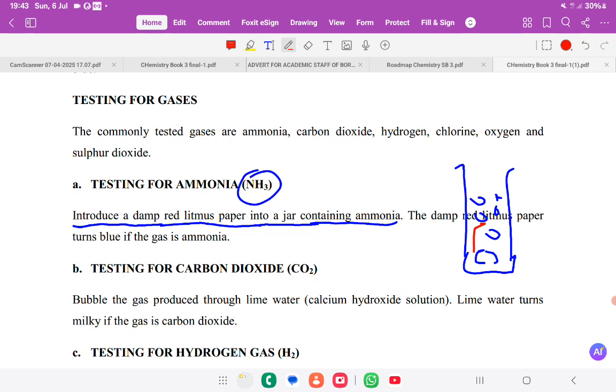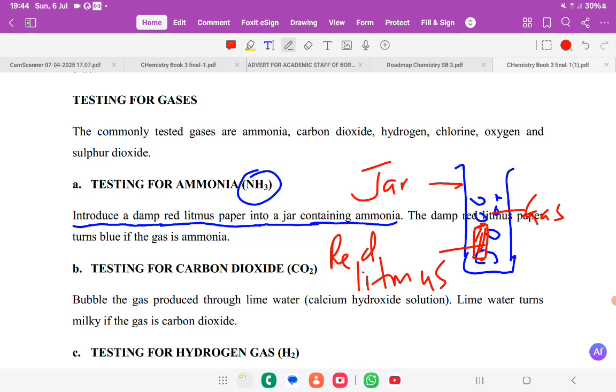You drop a red litmus paper into it. So this is the red litmus paper. You drop this into the gas jar, where there's a gas which is not yet known. If the gas in the jar is ammonia, you'll notice a color change.